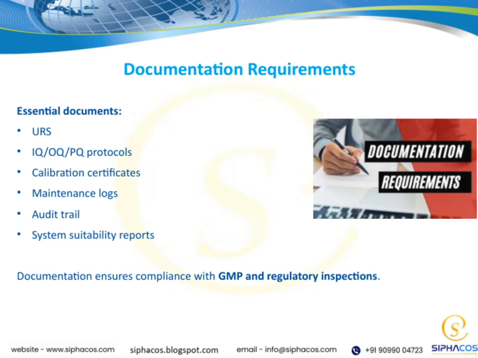Lastly, system suitability reports give us evidence that the system is performing correctly before we start any critical analysis or production activities. All these documents work together to ensure compliance with good manufacturing practices, or GMP, and they are essential during regulatory inspections. Proper documentation not only helps us maintain quality, but also builds confidence with regulators that we are operating in a controlled and compliant manner.